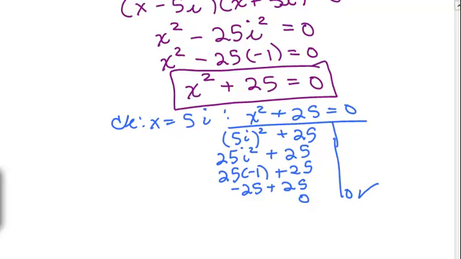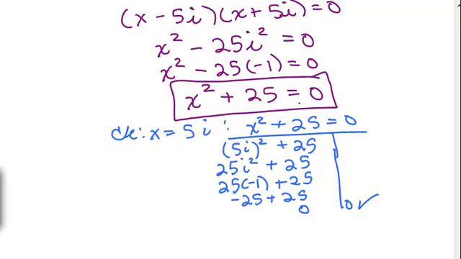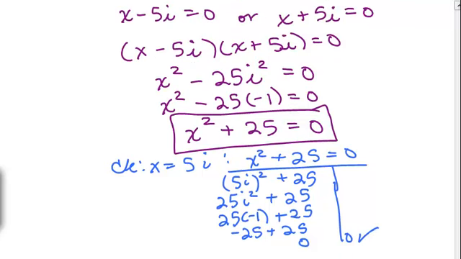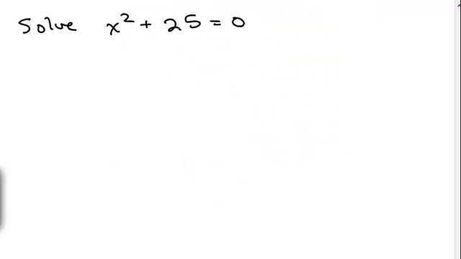Lastly, if somebody had given you x squared plus 25 equals 0, you probably would not have solved it by factoring. You would solve it the same way we did in that previous problem. Let's go try it. How would I solve x squared plus 25 equals 0? Just a little review.